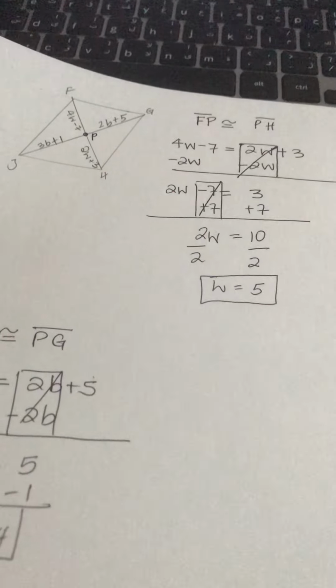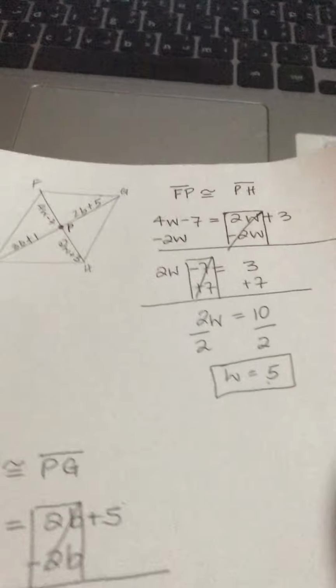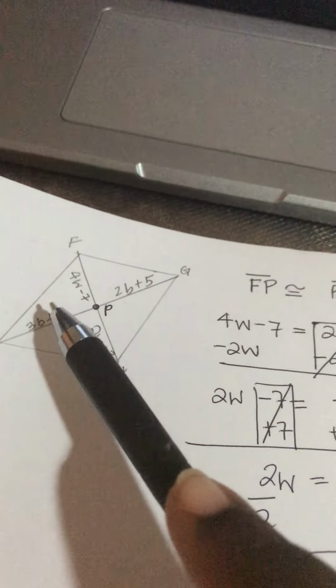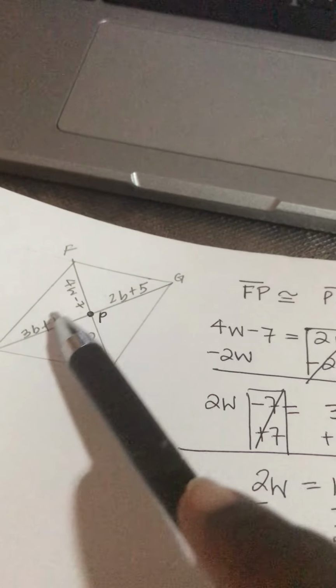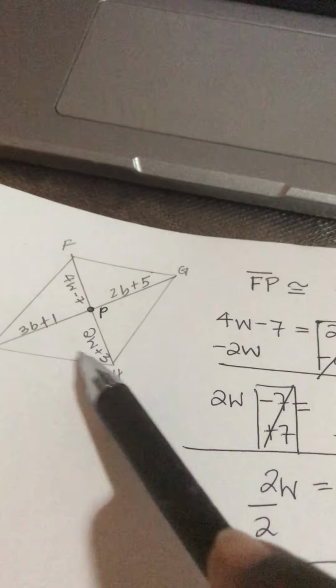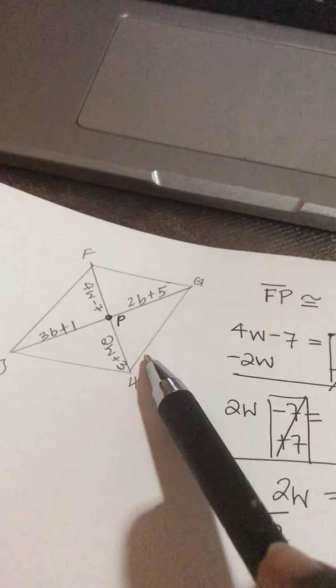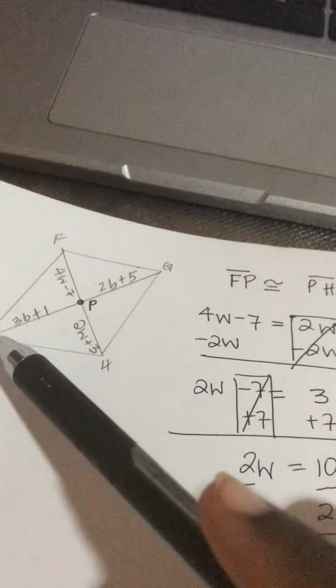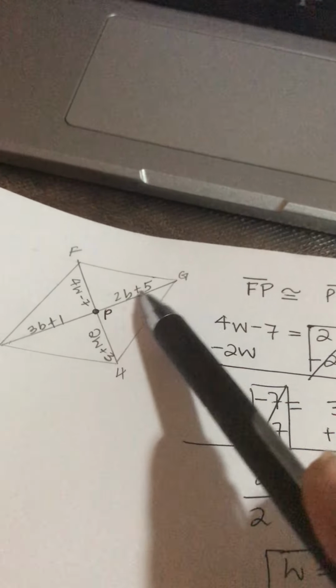Then, the last one is the same one for the bisectors. So, remember when you're using bisectors, choose the same variable. You cannot say 3b is equal to 2w. These letters are not the same. How will you solve? You can't. So, this b will go with the b's.